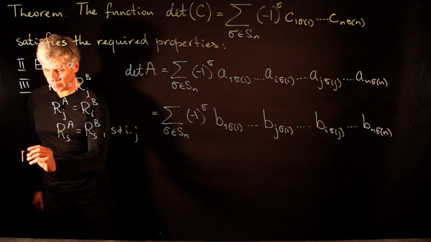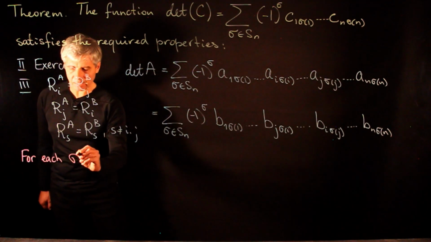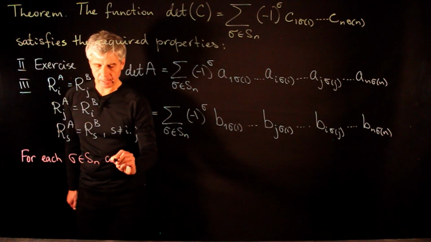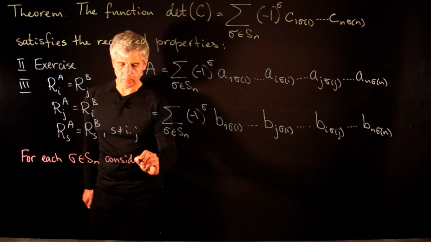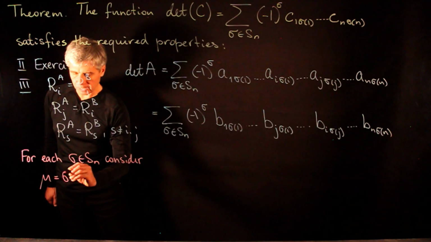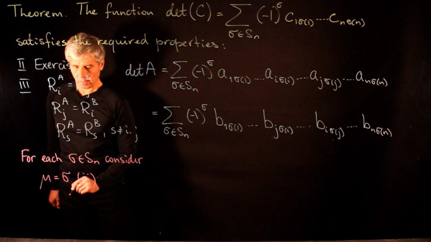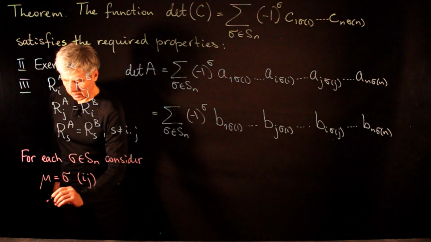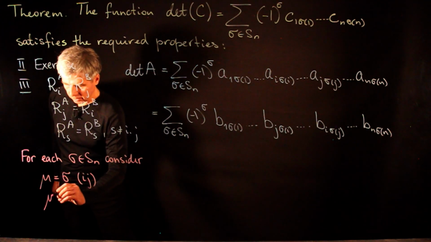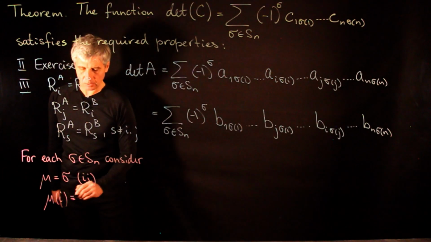Now at this point, for each permutation σ in S_n, consider the permutation μ, which is the product of σ with the transposition (i j). Then what we're going to have here is that μ(i) is equal to what?